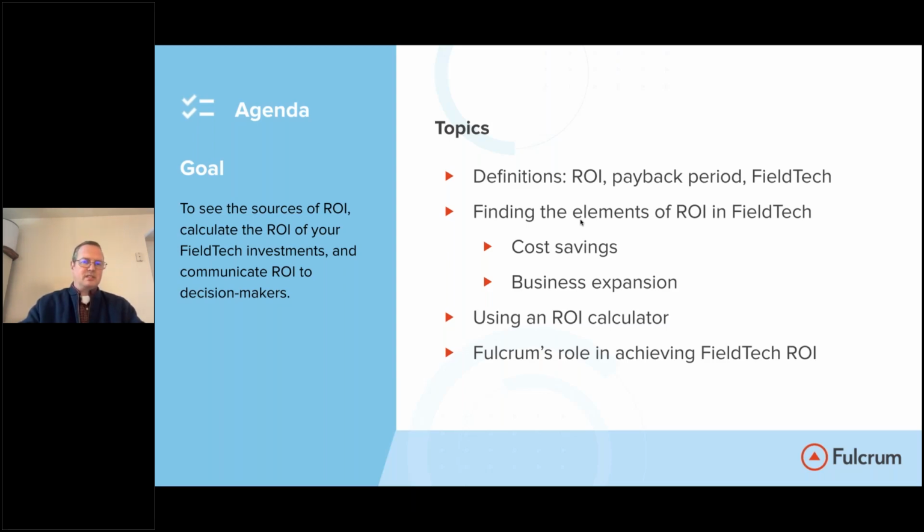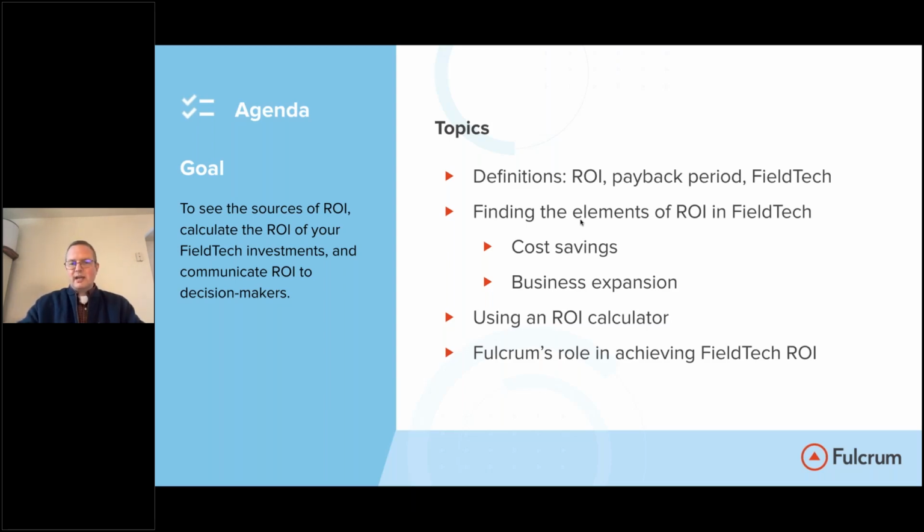To do that, we've got a couple of steps along the way. So you'll see the following structure to the presentation. We'll talk about definitions: ROI, payback period, which is similar to ROI, but I find is better in some circumstances for communicating the value of what you're doing, and field tech itself. I should define the term if I'm going to use it. Then we'll talk about finding the elements of ROI, the investments and the returns in field tech, including cost savings and business expansion.